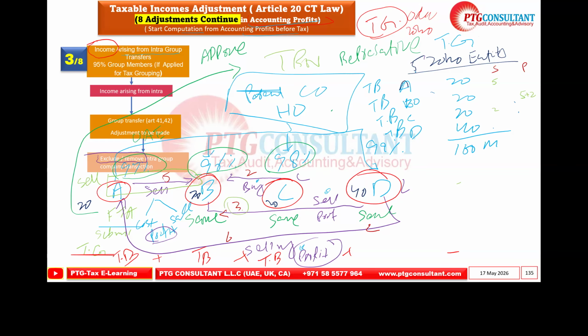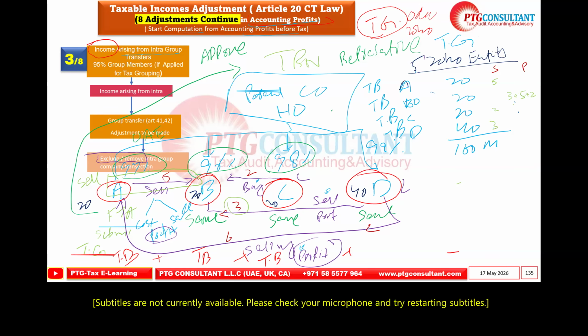So D made 3 million of sales to B, and again B bought 3 million. If we take the total, 5 plus 3 plus 2, is it matching or not?